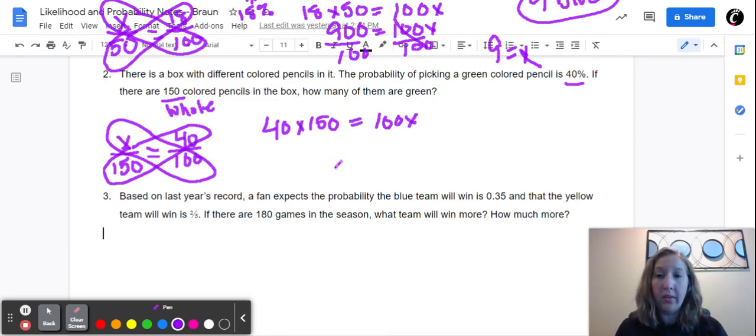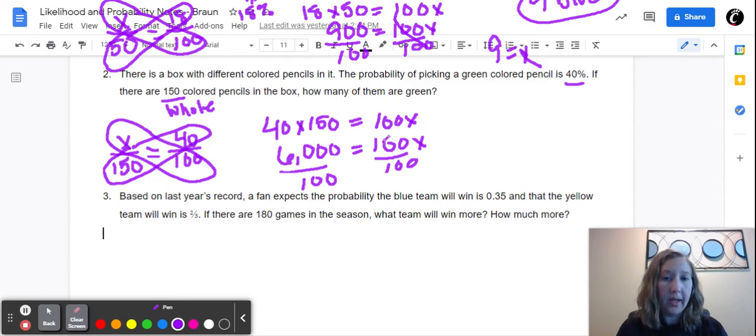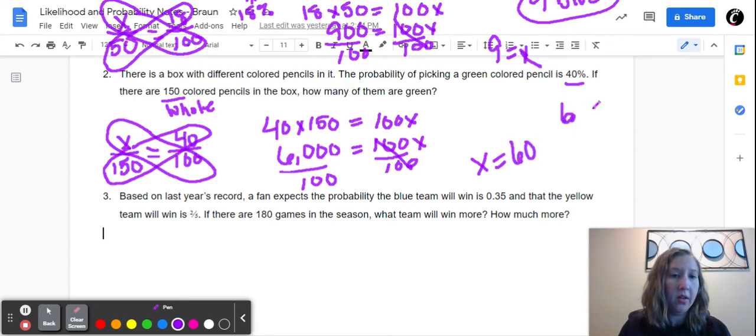Again, I'm going to multiply 40 times 150, and that's going to give me 6,000 equals 100x, and I am going to divide both sides by 100. What that tells me is that x is equal to 60, which means we have 60 green pencils.